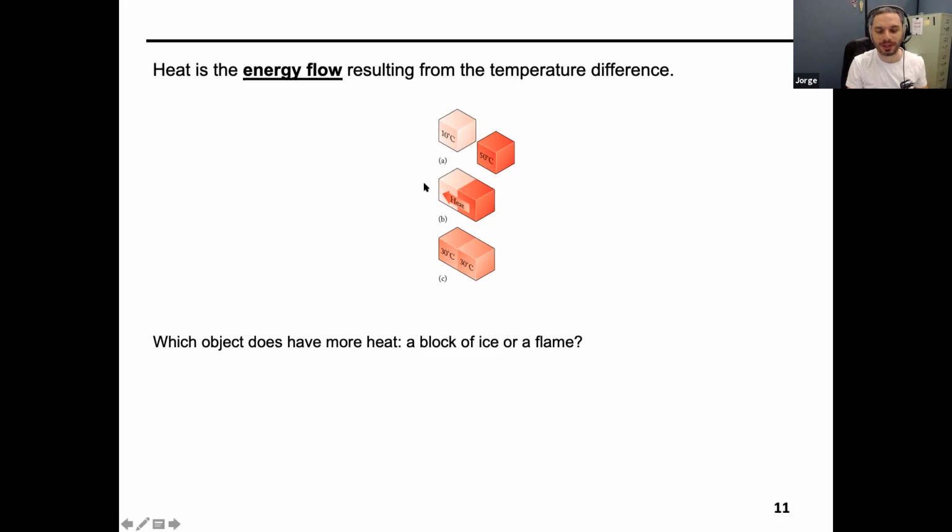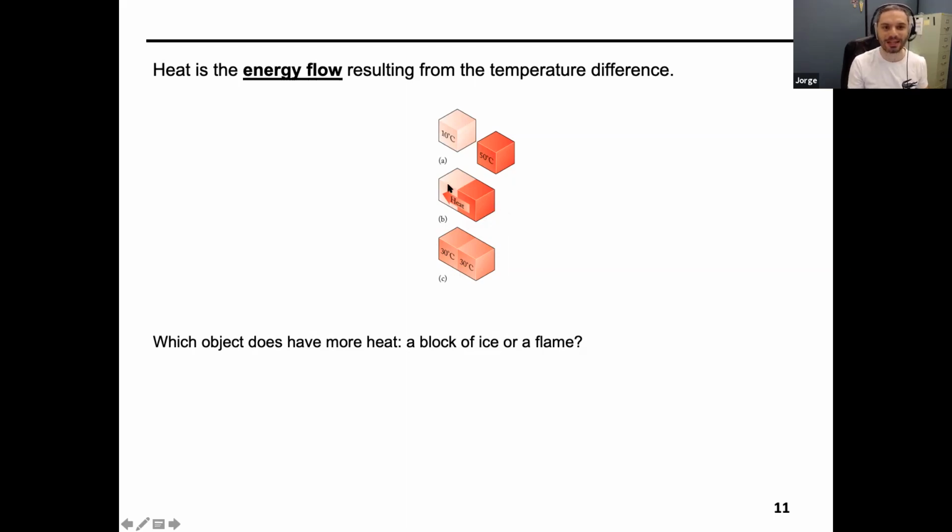So this difference in temperature will produce an energy flow that always flows from the hot temperature towards the cold temperature until they reach thermal equilibrium, okay?